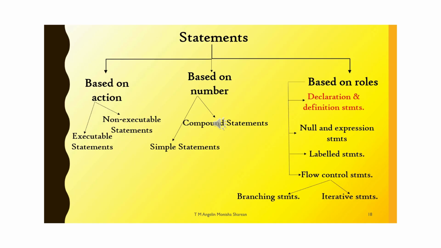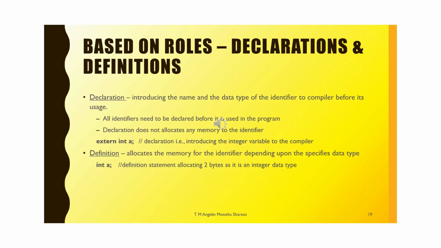Now let us see the categorization based on roles. The first one is declaration and definition statements. Let us see what declaration and definition are. Definition allocates memory for the identifier, whereas declaration does not allocate memory, rather it introduces the name and data type of the identifier to the compiler.